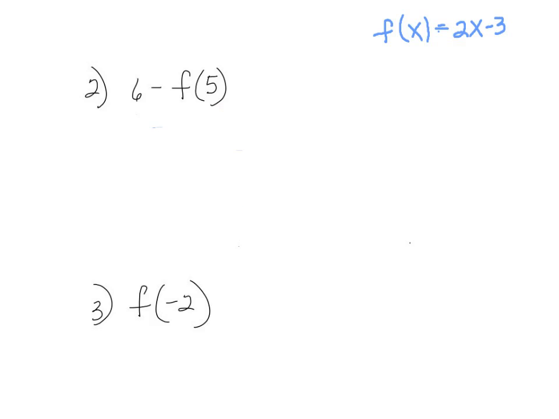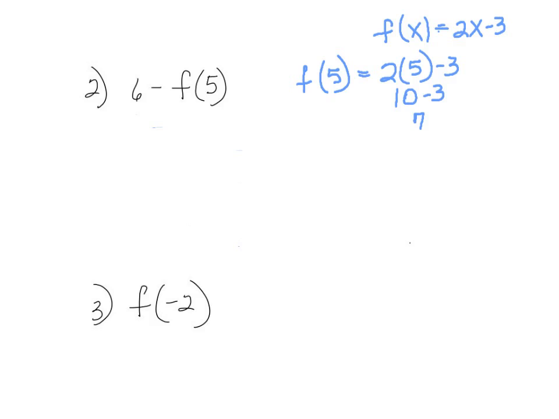Okay, let's erase what we just did and let's take a look at this all over again. 6 minus the function of 5. First, let's find out what the function of 5 is. Function of 5 would be 2 times 5 minus 3. So 2 times 5 is 10 minus 3, which is 7.